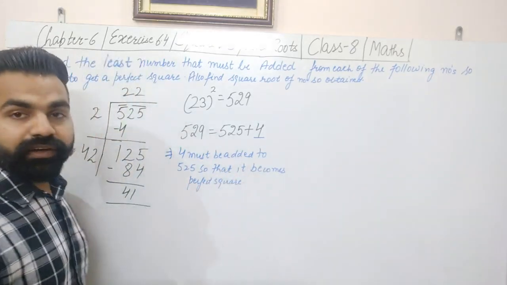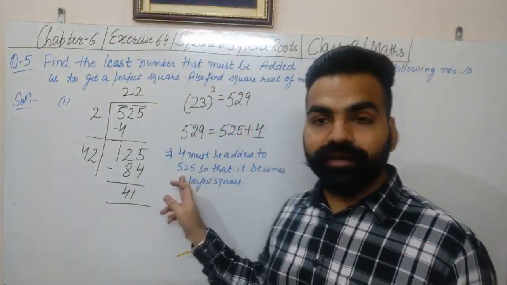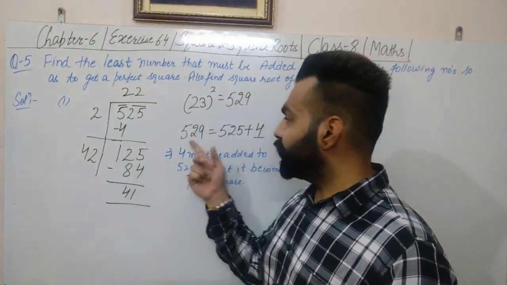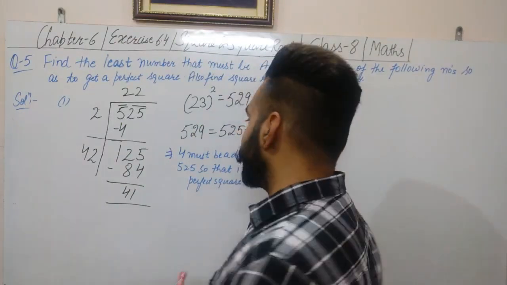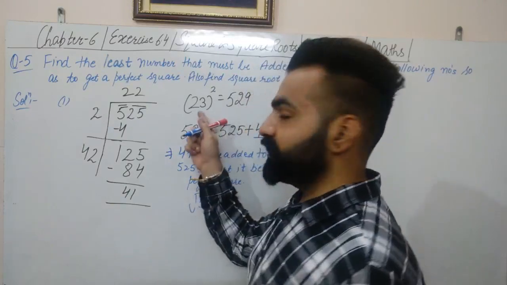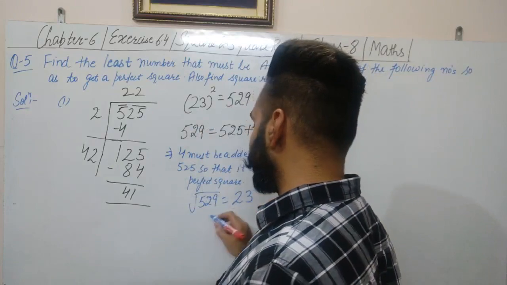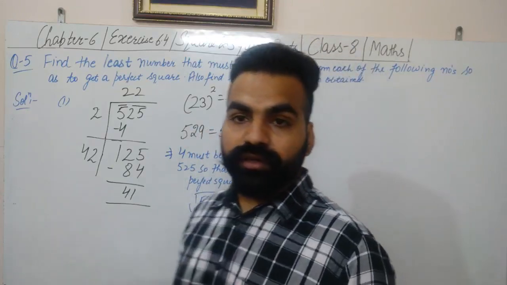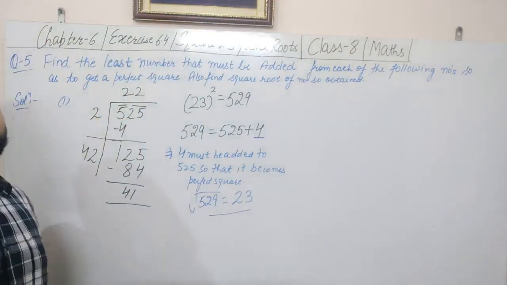So 525 is not a perfect square, but if we add 4 in 525, it will become 529, and 529 is a perfect square. And what is square root of 529? Since 23 square is 529, so square root of 529 is 23. So in this way we have to find the number which must be added to the given number.